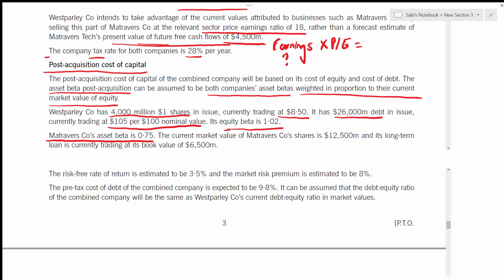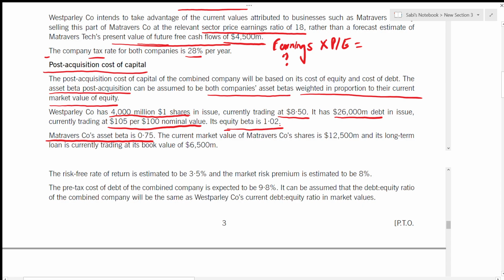I have to find cost of capital, cost of equity, cost of debt. So don't go and find the asset beta of both the companies. Don't waste unnecessary time. Asset beta is given here of one company. Only the other company's asset beta you have to find out. How will you find out? Using this equity beta.